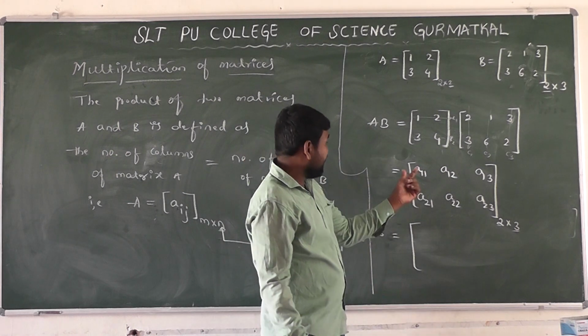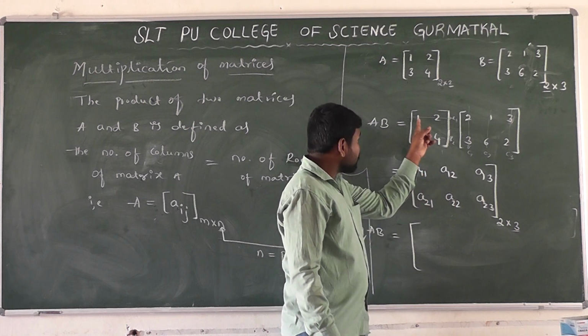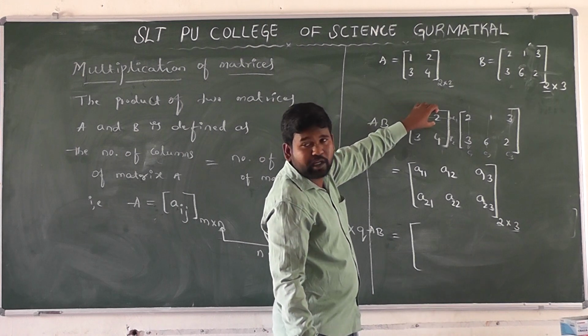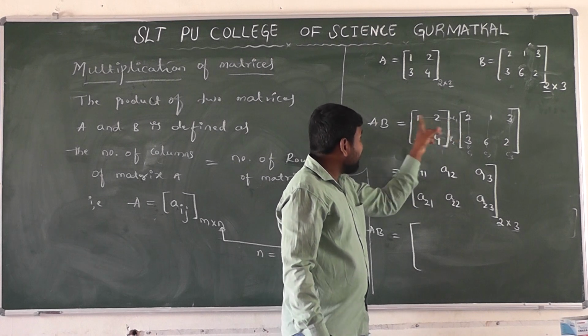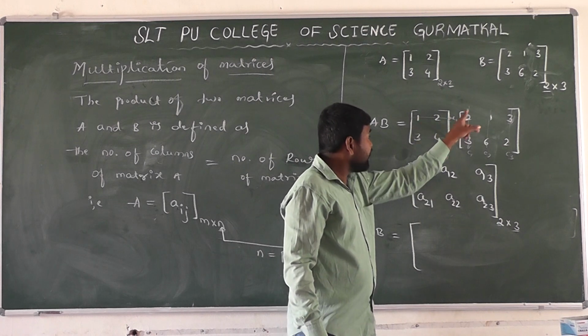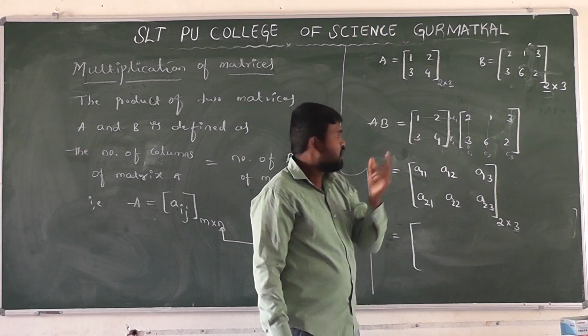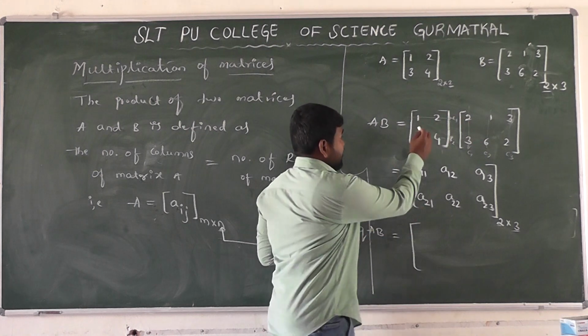Here the rows are taken from the A matrix, and the columns from the B matrix. We have to multiply the A matrix rows into the B matrix columns, multiplying the corresponding elements and taking the sum.